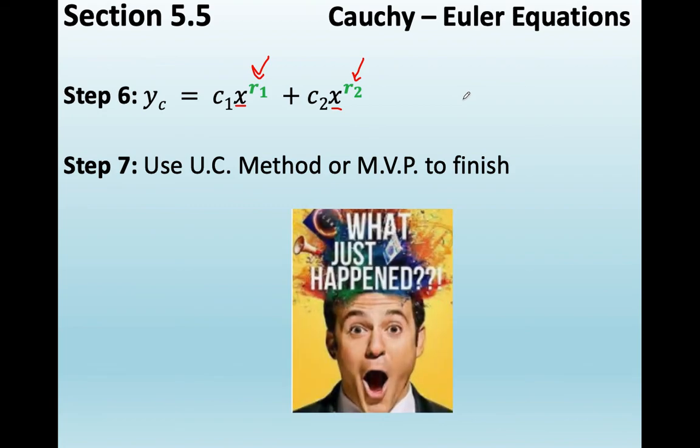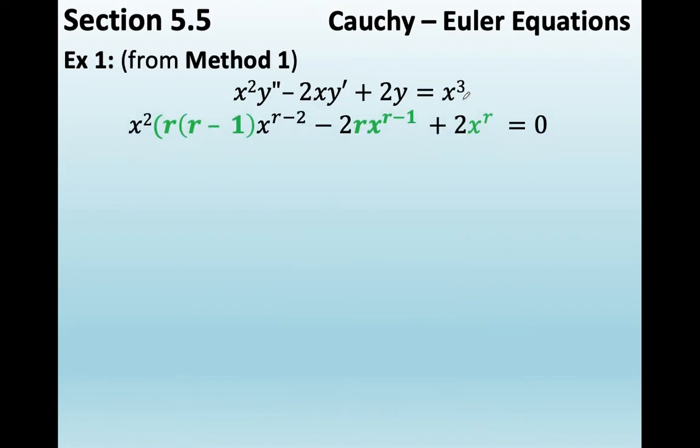Oh, my. All right, so let's do an example, but we're going to do an example of a problem we've already done. Right, so we did this with the transformation, right, with method 1. And we did the transformation where x was equal to e to the t. But this time, I'm going to use the transformation where y is equal to x to the r.